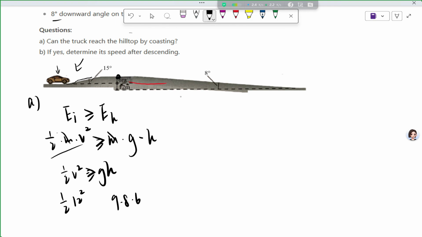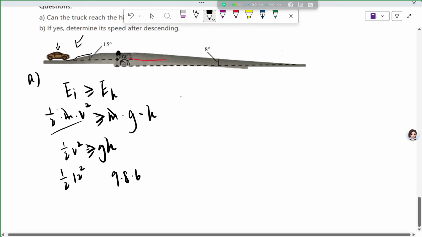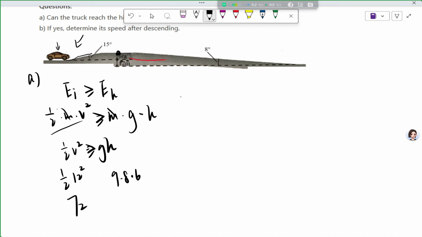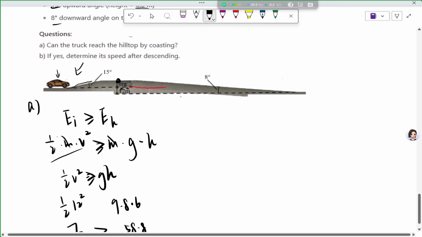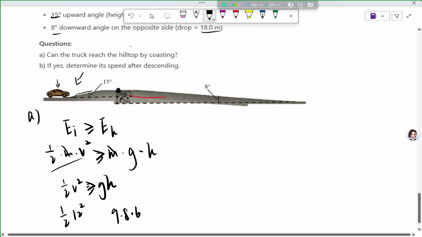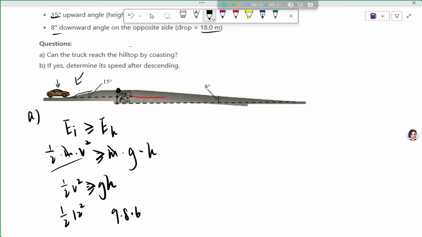Half of 12 squared is 72. 9.8 times 6 is 58.8. So it's actually bigger, which means it can reach the hilltop without sliding down the slope, or it can reach the hilltop by coasting.